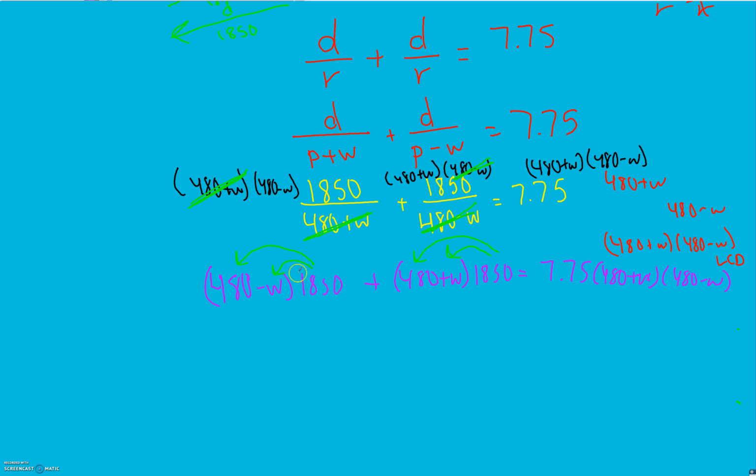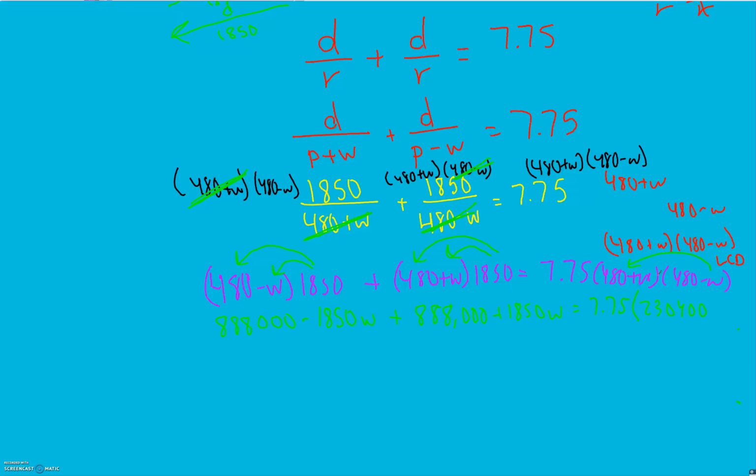So 1850 times 480, 888,000, minus 1850W plus 888,000 plus 1850W, 7.75 times 480 times itself is 230,400.